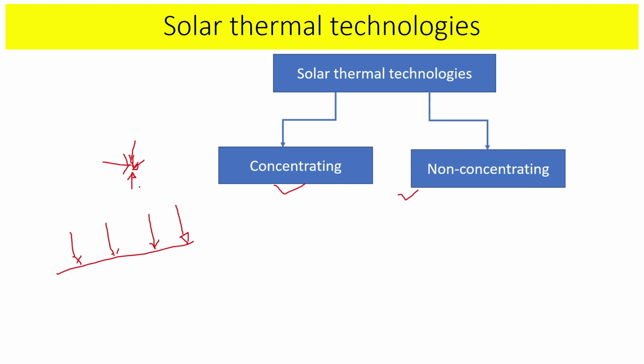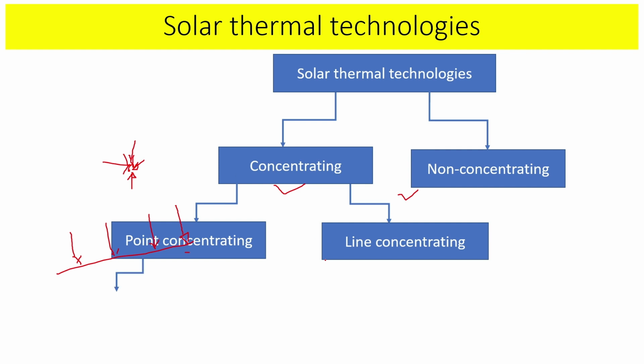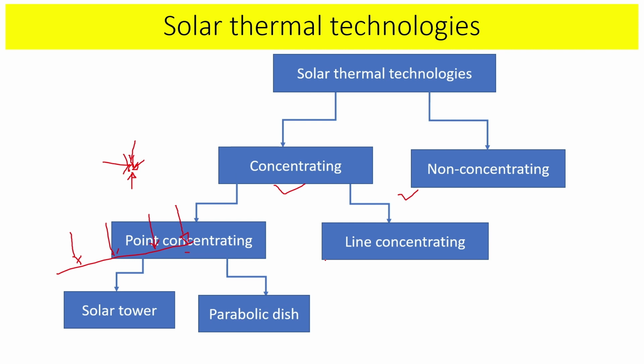And there are two ways to focus this solar radiation. One is called point concentrating. We focus all the solar radiation at a point, okay? And the second one is line concentrating. We focus the solar radiation over a line. Point concentrating technologies are of two types: solar tower and parabolic dish.